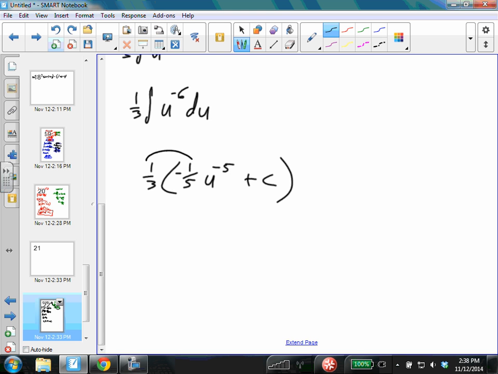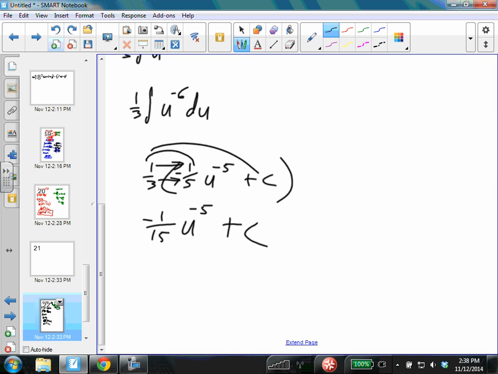And now we need to distribute this 1/3. Okay, so what's 1/3 times -1/5? Yeah, top times top and bottom times bottom, so -1 over 15, u to the -5th plus c. Yeah, make sure you're adding 1 to that exponent, not subtracting, right?